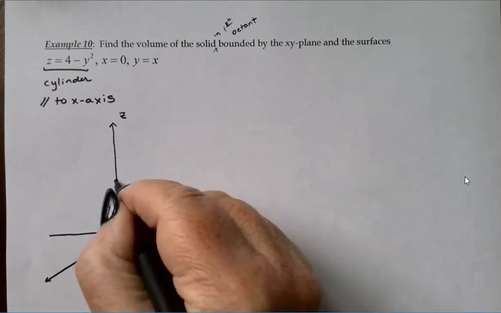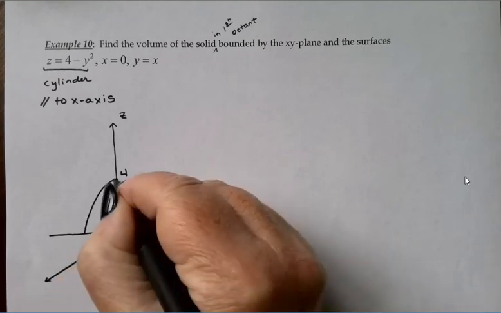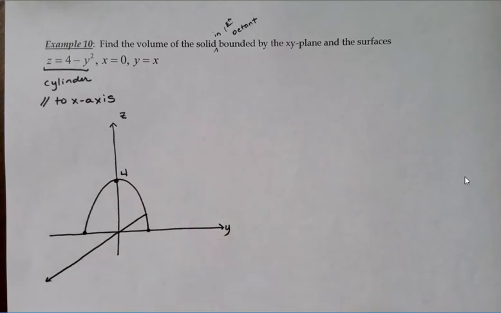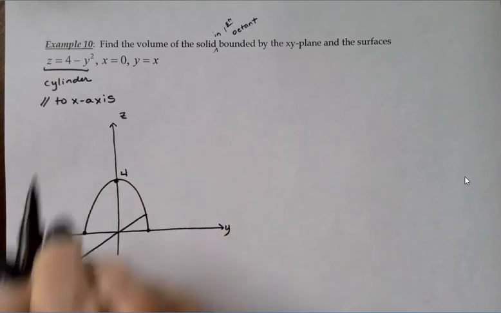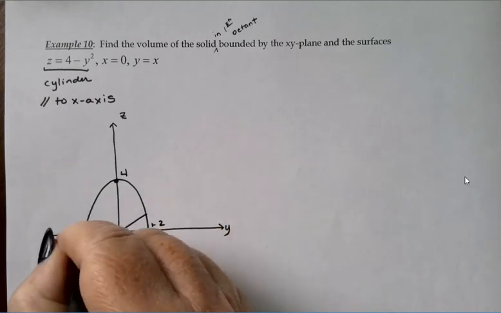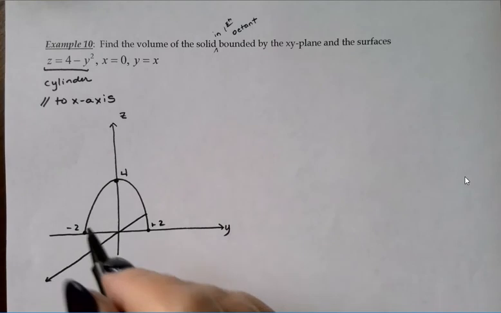It goes up to a height of 4 and then comes down, and it would hit the y-axis here at plus and minus 2, since that would be the zeros of that function. Oops, that would be a positive 2, that would be a negative 2. I'm not going to bother showing anything below the xy plane, since the xy plane is one of my boundaries. Okay.